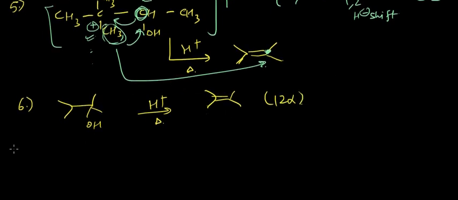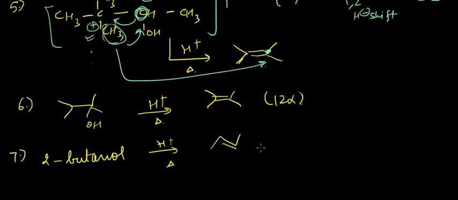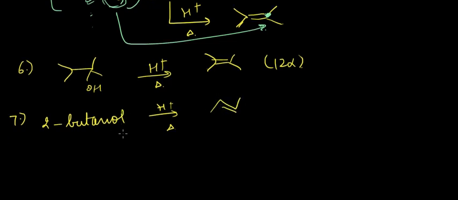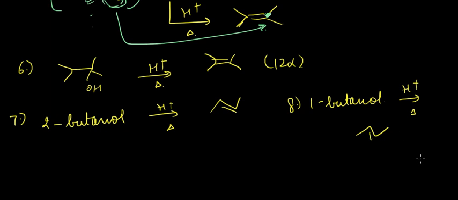Okay, so 2 butanol, H plus heat, this would be the major product. Okay, 1 butanol, H plus heat, what would be the major product? Again this one. Okay, I hope you can see why this product gets formed.